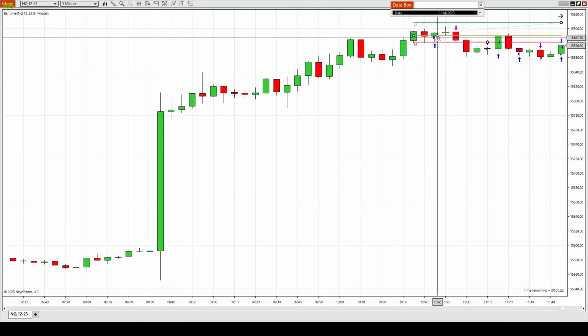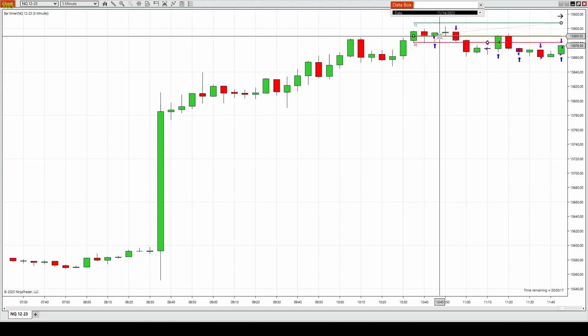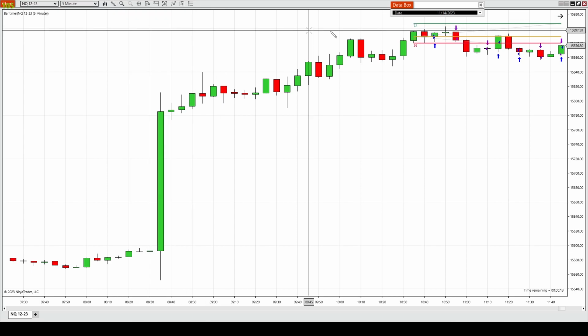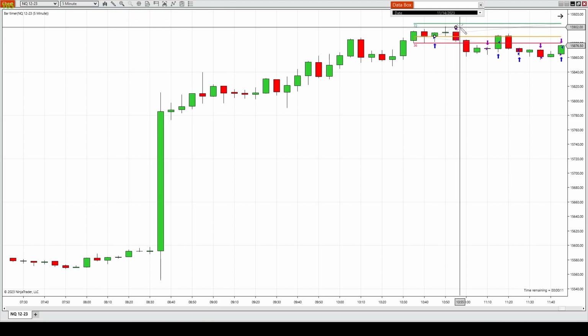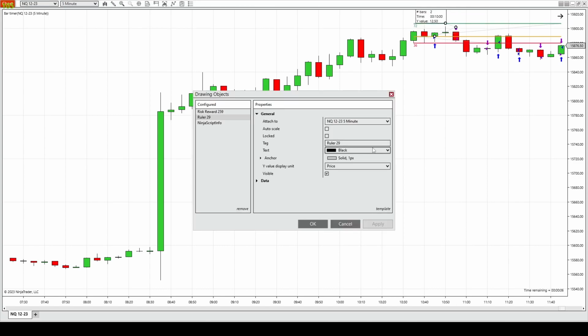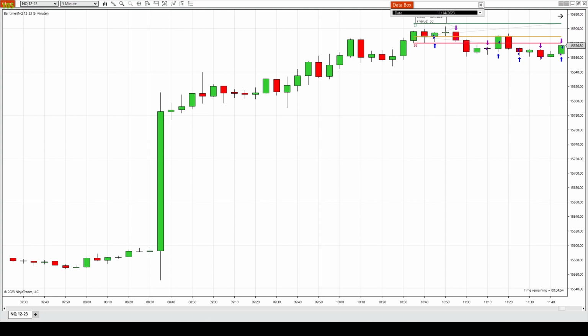So even if I had my auto break even on, it might not have triggered. This one did trigger, however I moved it and still made a loss. So that's one thing I cannot do going into next week.